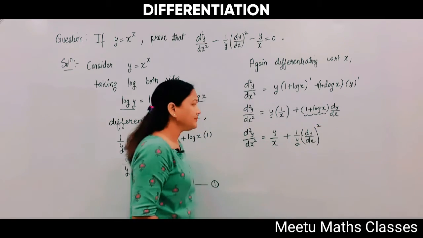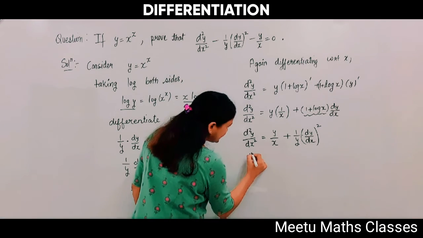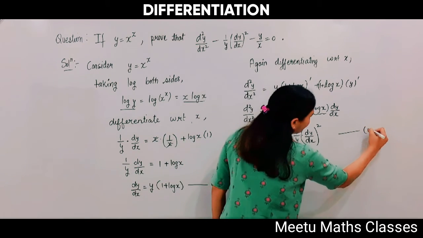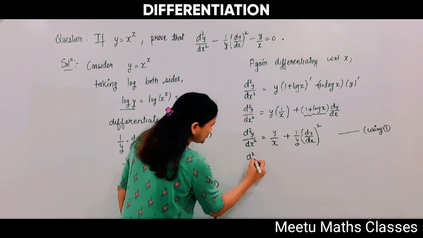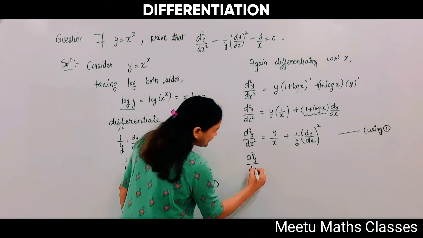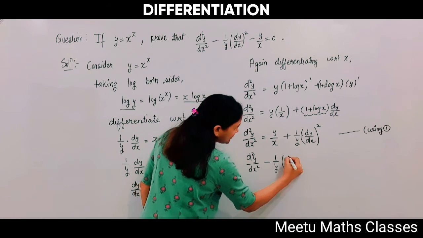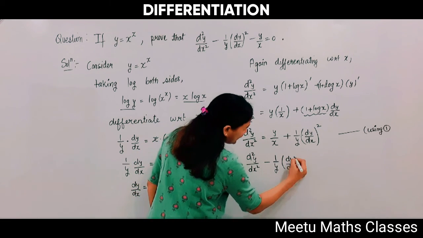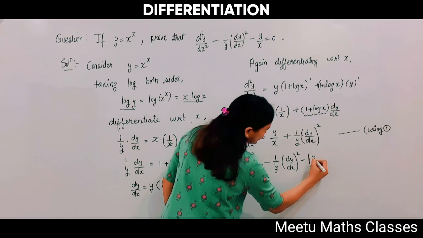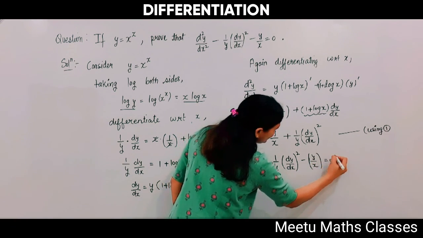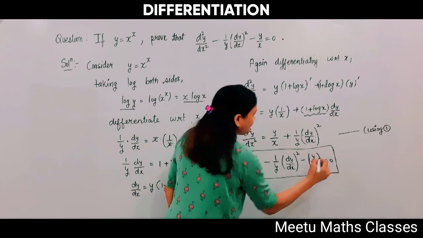So this can be written as dy by dx whole square, and this is equal to, using 1, d square y by dx square minus 1 upon y (dy by dx) whole square minus y by x is equal to 0, and this is what you are supposed to prove.